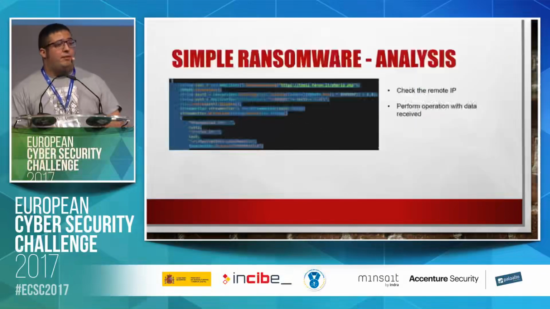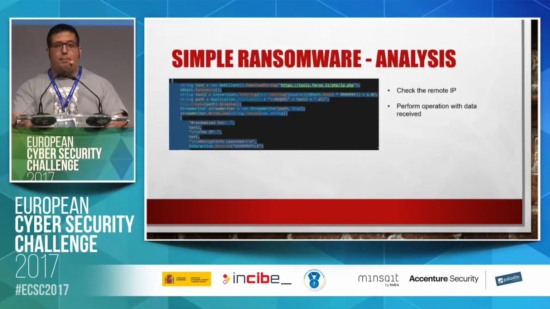So after analyzing the code, we can see, for example, that the sample is doing some remote public IP checks. And this is so important because some people forget that we can go to the different proxy servers inside the company and say, hey, give me all the machines that contacted this URL, IP, or domain that I found in this malware analysis.